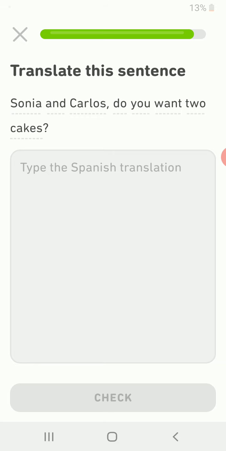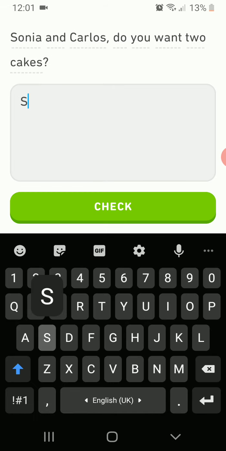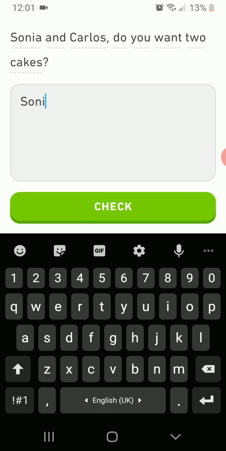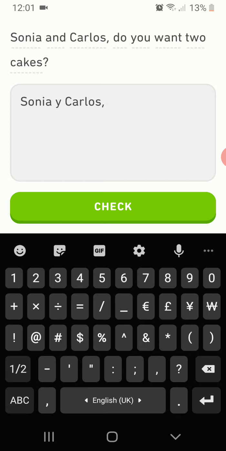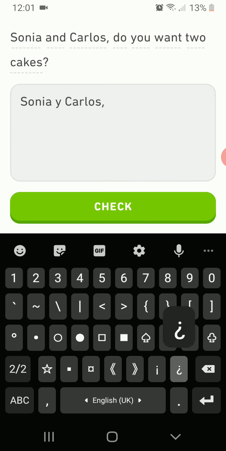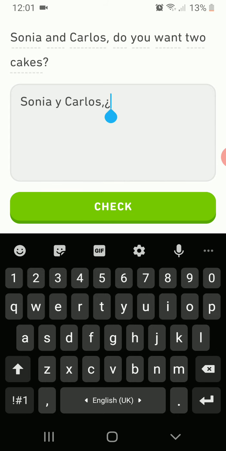Translate this sentence. Sonia and Carlos, do you want 2 cakes? Okay. So I'll try. I have another try. Sonia y Carlos, and then I put the comma, and now I have to look for the reverse interrogation mark. I think after the comma, of course, there is a space. You have to leave a space, and I will write it like this: ¿Quieren ustedes?